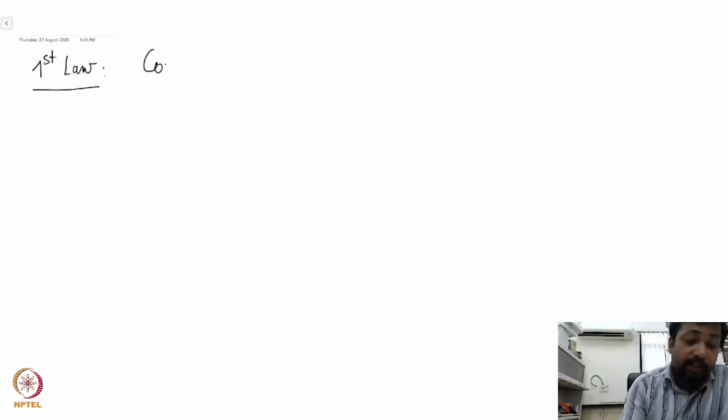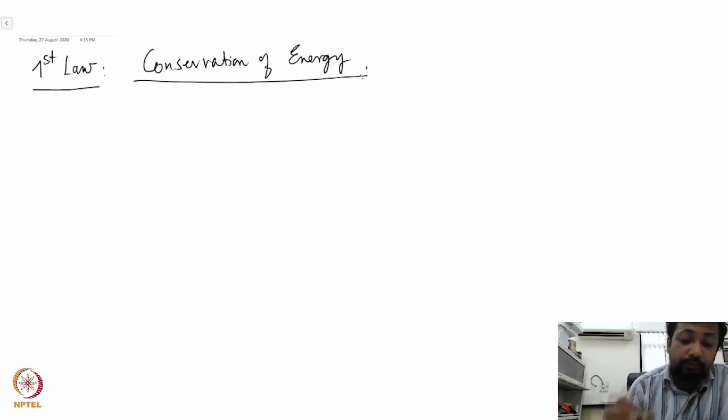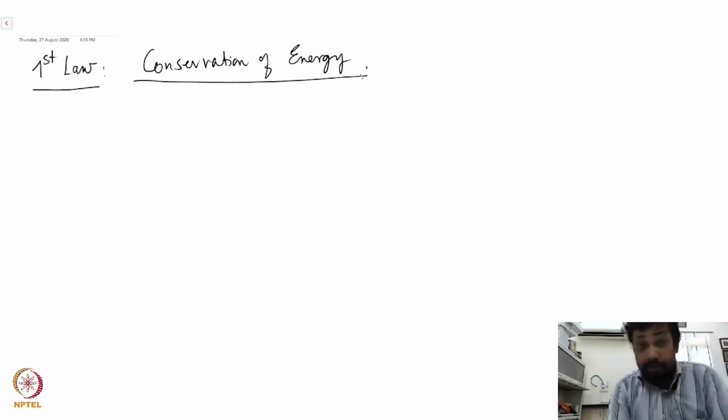What about the first law? The first law is very simple. It's essentially a statement of the conservation of energy. And the statement is the following.